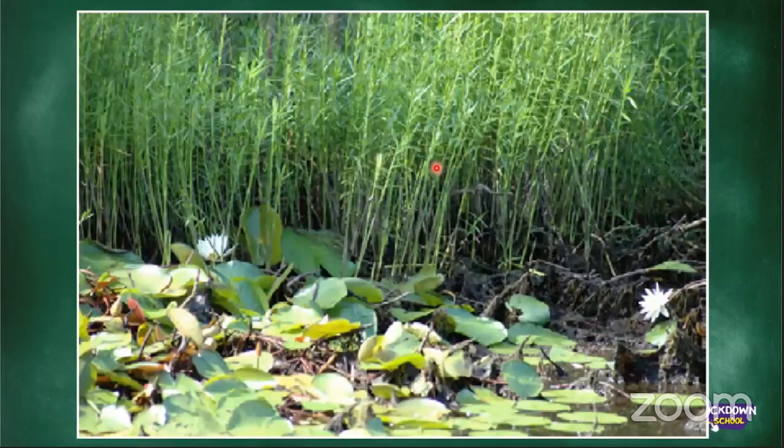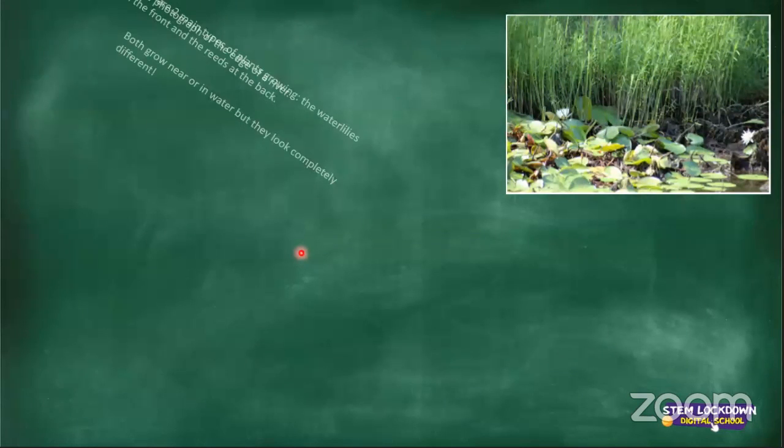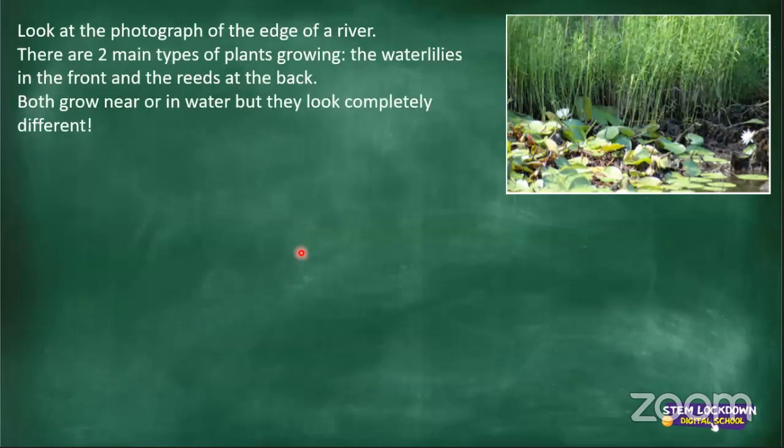Now here you are going to see two plants, this one and this one, that grow in the same conditions. One is water lilies, this one, and then there are the reeds.